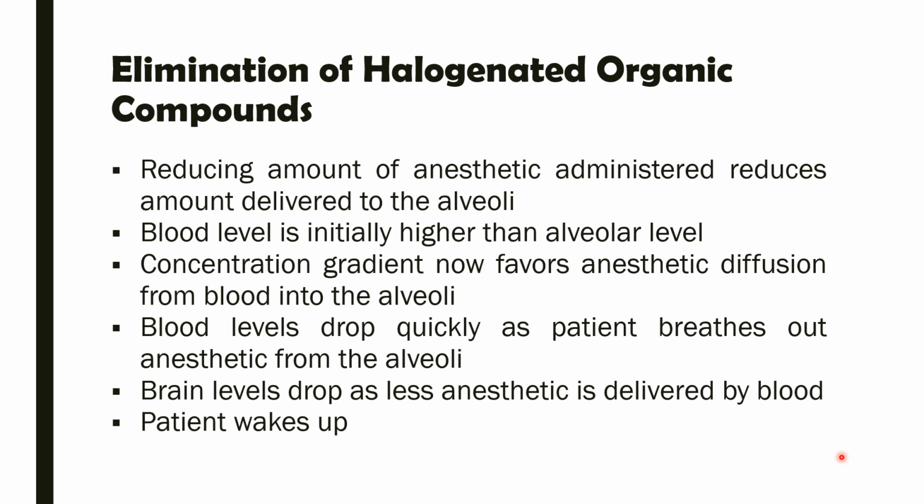This is because all of a sudden there is more drug in the blood coming into the lungs, so the drug starts leaving the bloodstream. Again, these drugs are 98% eliminated by the lungs. They just wait for that concentration gradient such that the drug is moving from the blood to the lungs rather than the other way around.